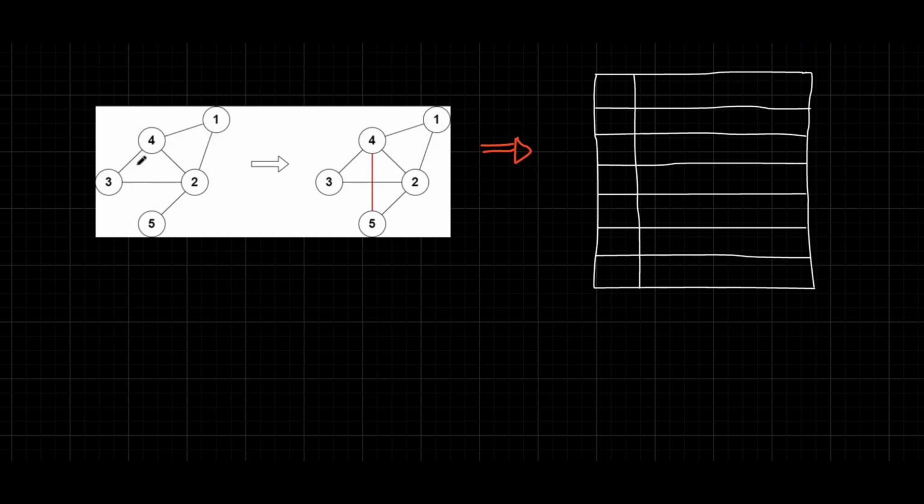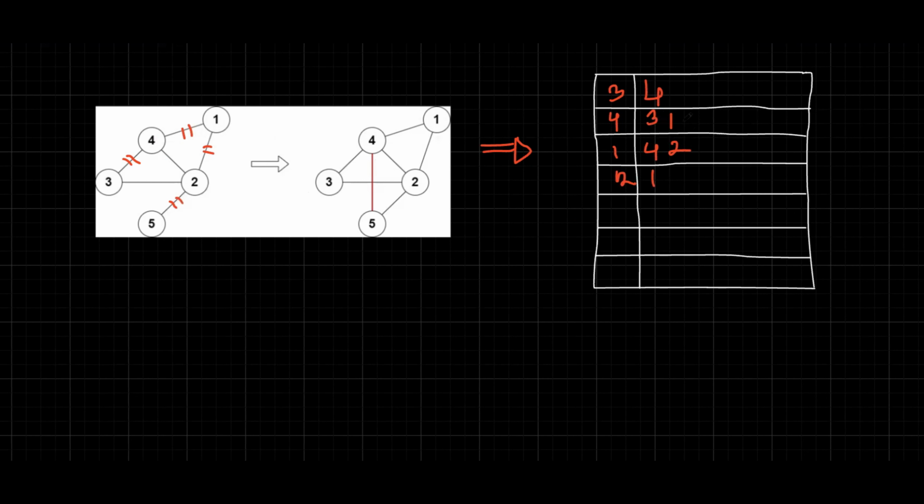So here, for this edge, we will add 4 in the adjacency list of 3, and we will add 3 in the adjacency list of 4. Now, for this, we will add 4 in the adjacency list of 1, and we will add 1 in the adjacency list of 4. For this, we will add 2 here, and in the 2, we will add 1 here.